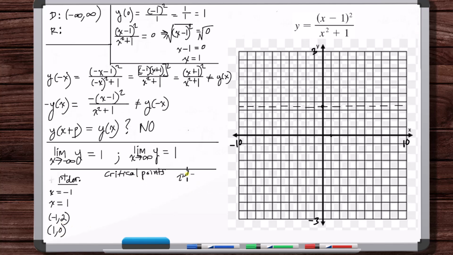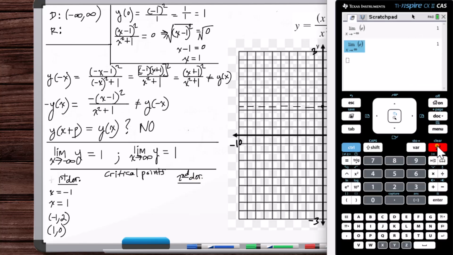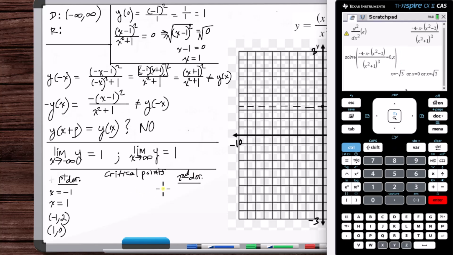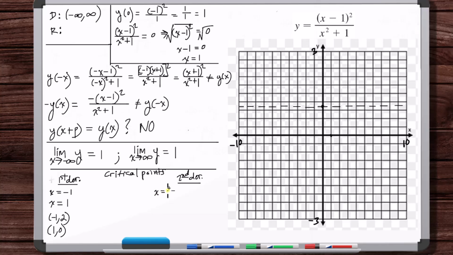Now the second derivative. So now let's take the second derivative with respect to x of the equation. Okay, there's no points where this doesn't exist. Solve for when this is equal to 0 for x: plus or minus root 3, and x is equal to 0.